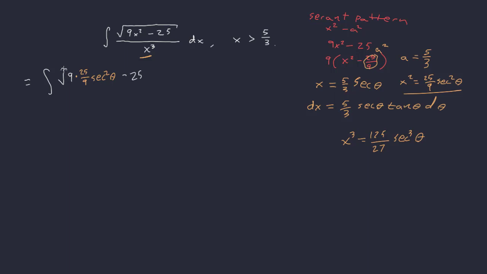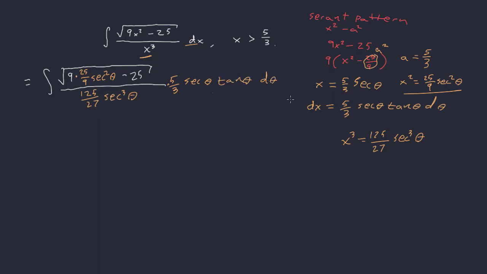I'm putting the replacement parts in orange here. Then the x cubed becomes 125 over 27 times secant cubed theta. Now, I'm hopeful that some things will start canceling. And when we get to the dx, dx becomes 5/3 secant theta tangent theta d theta.